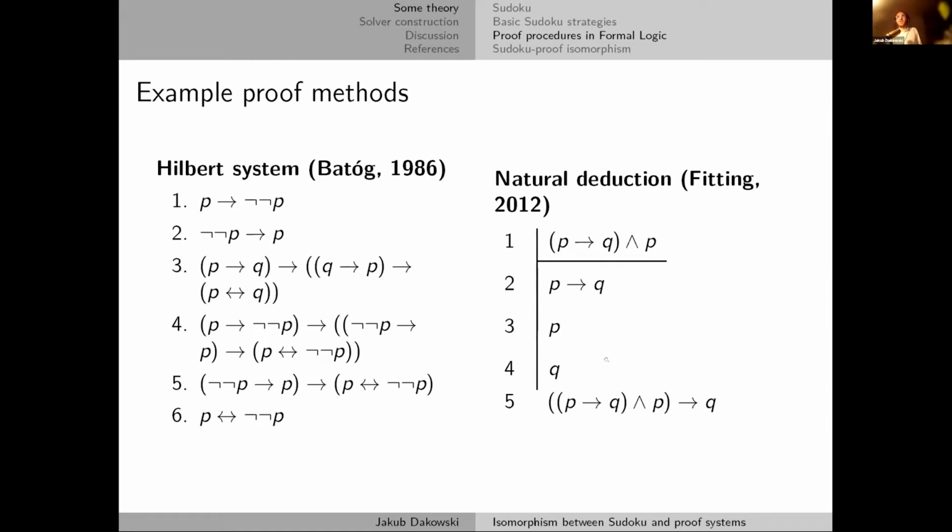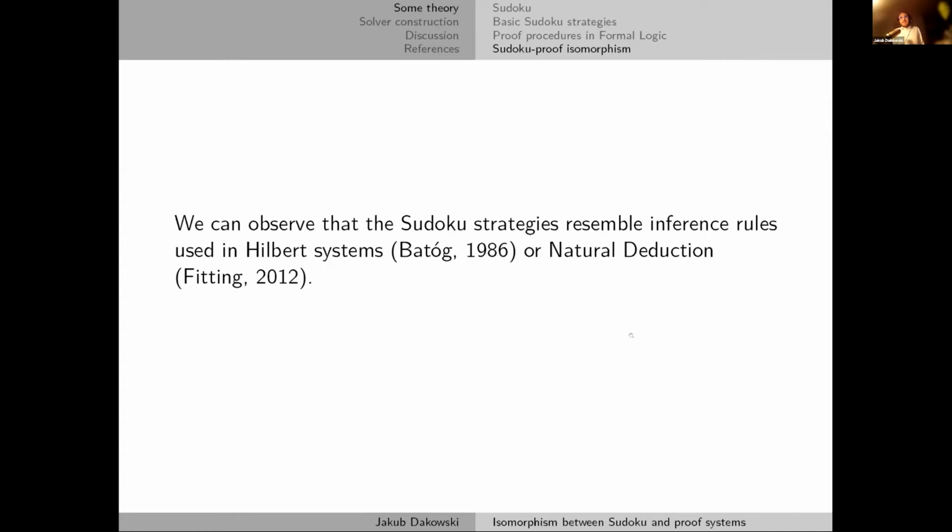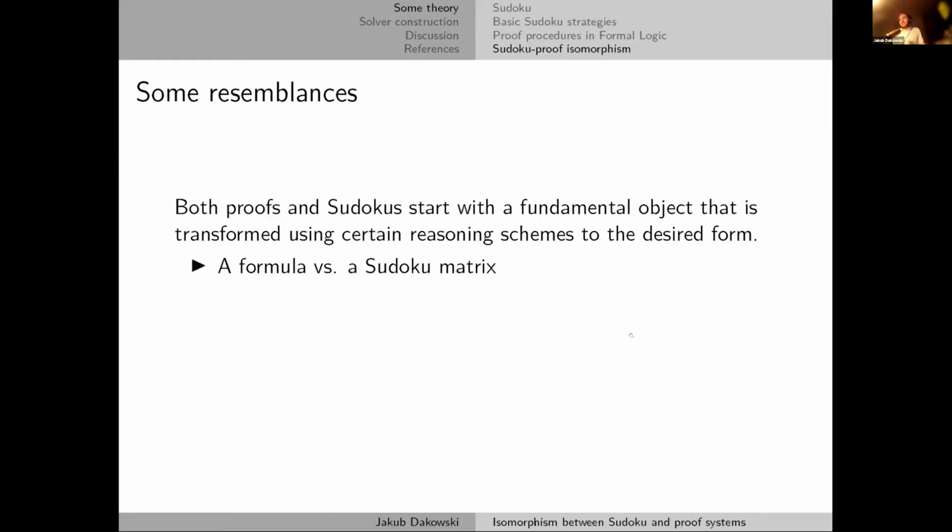And well, one can see that there is a certain similarity between the Sudoku strategies and the inference rules used in both the Hilbert systems and natural deduction. And this similarity is really interesting because it's deep.